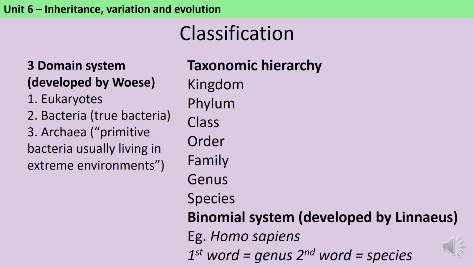Classification is the science of putting species into groups based on their shared characteristics, and you need to know about two systems: the old-school taxonomic hierarchy system and also the three-domain system as proposed by Woese in 1990. In the three-domain system, we have eukaryotes, including animals, plants and fungi, then the true bacteria, and finally the archaea, which truthfully are as different from true bacteria as they are from us, but according to AQA, they're primitive bacteria usually found in extreme environments.